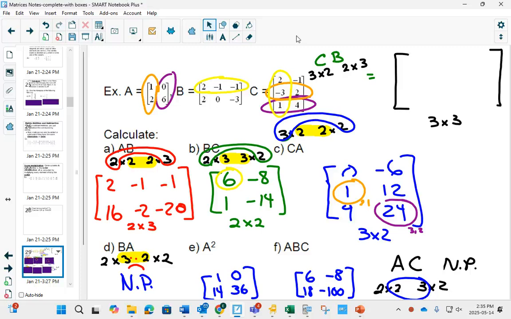But if you think you have an idea, I'm going to go to C and B and start with row 1, column 1. And you can take a guess what you think that number should be.